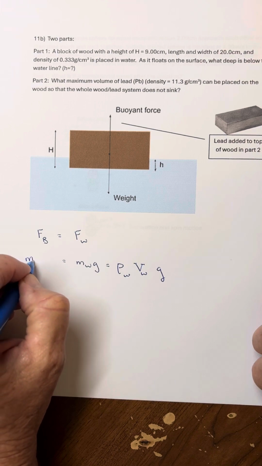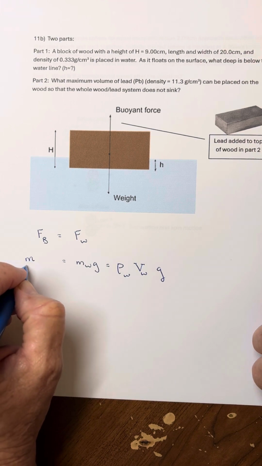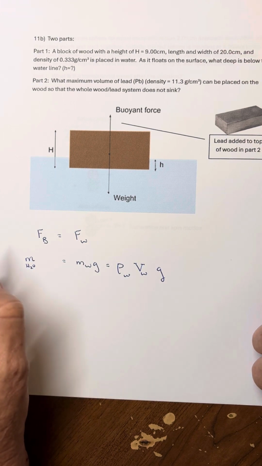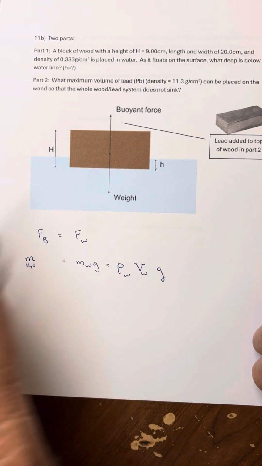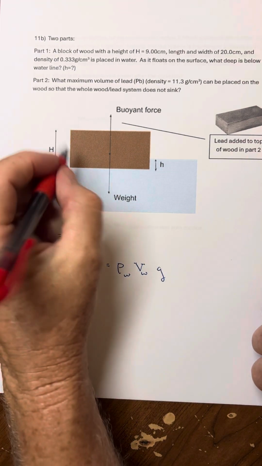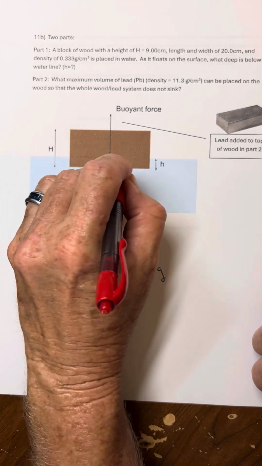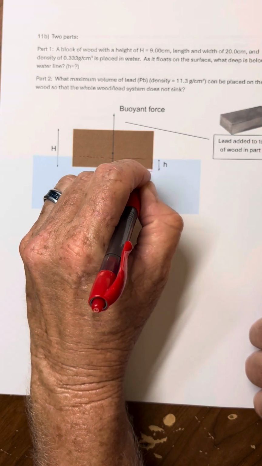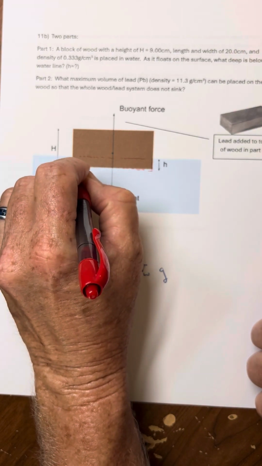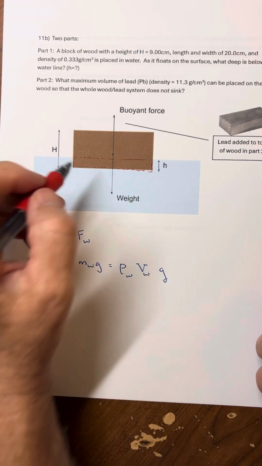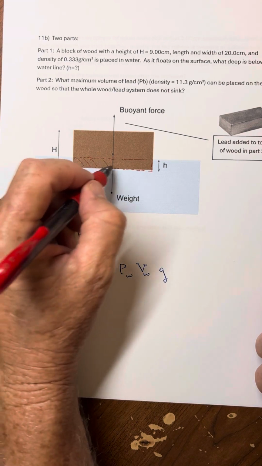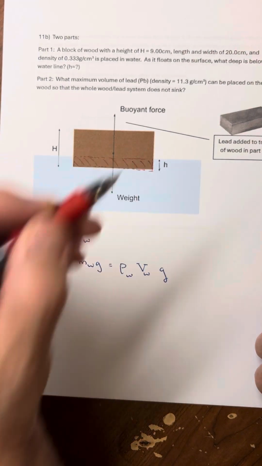So this would be the mass of the H2O that has been displaced, and I'll even come up here in my picture and show you that the water that's been displaced is kind of in this section.